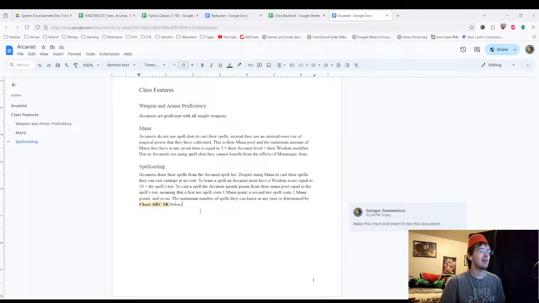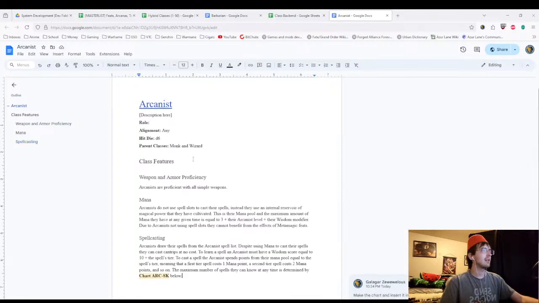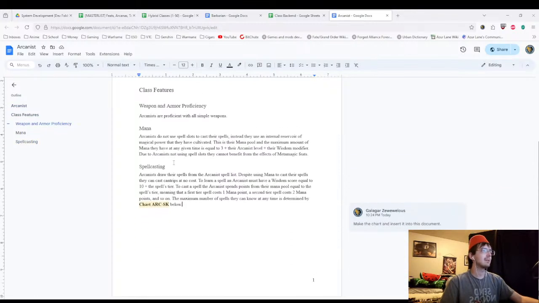Anyway, I do need to put in their magical aura as well, but that's just a mechanic. Actually, I probably don't need to put it in each document because I can just put it into another document. So we'll just do that.